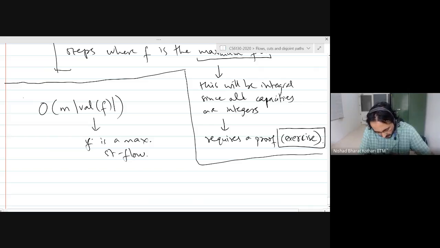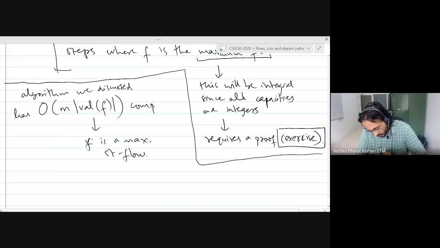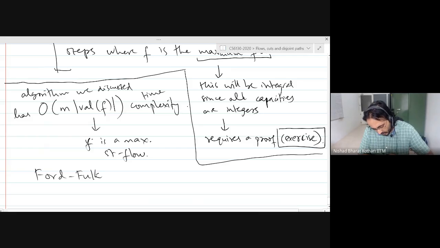Okay, so the algorithm that we discussed has this complexity. Okay, and this algorithm is called the Ford-Fulkerson algorithm, which many of you may have seen in a previous algorithms course.